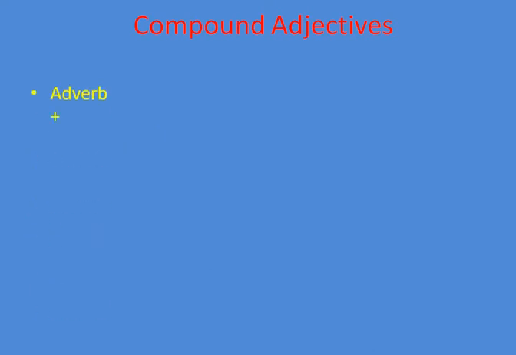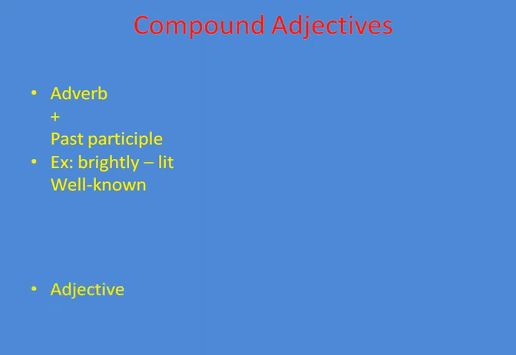You can use an adverb along with a past participle, like in this example, brightly lit. You can see that brightly is the adverb here, and lit is the past participle of the verb light. So brightly lit. Well known. Well is the adverb. Known is the past participle of the verb know.